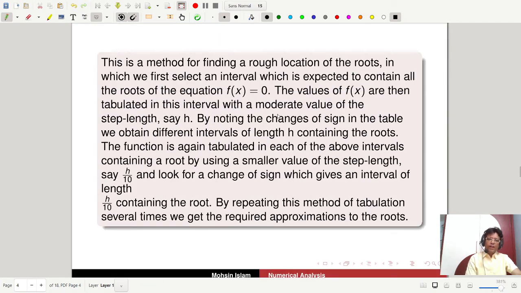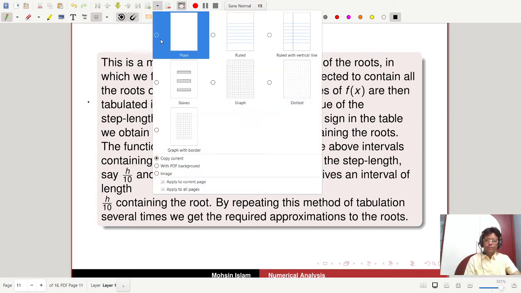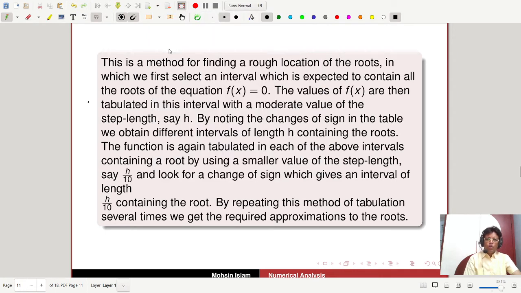This is a method of finding a rough location of the roots, in which we first select an interval which is expected to contain all the roots of the equation f(x) = 0. The values of f(x) are then tabulated in this interval with a moderate value of the step length, say h. By noting the changes of sign in the table, we often find intervals of length h containing the roots.